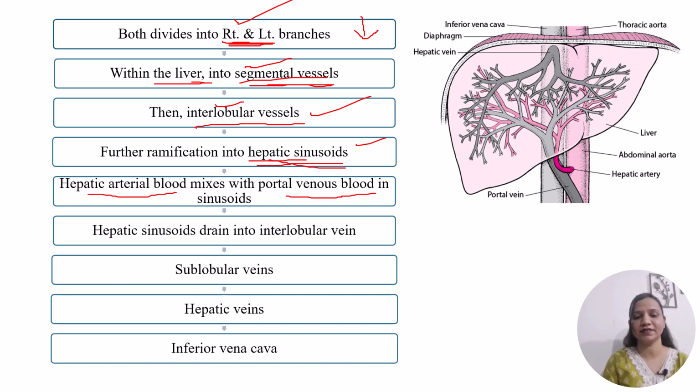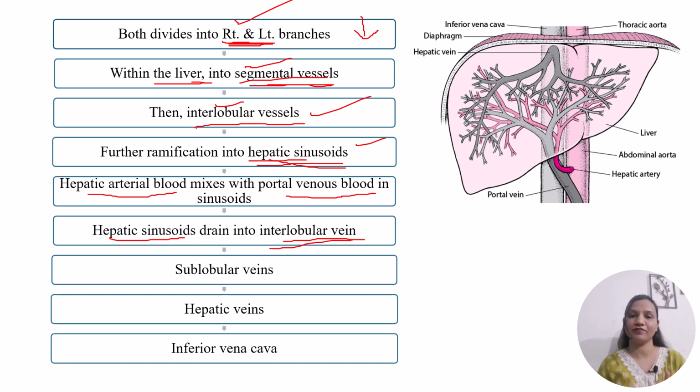So after the blood mixes with each other, the liver takes the essential nutrients and then the blood is drained from the hepatic sinusoids into the interlobular vein, that is, the veins present inside the lobes of the liver.